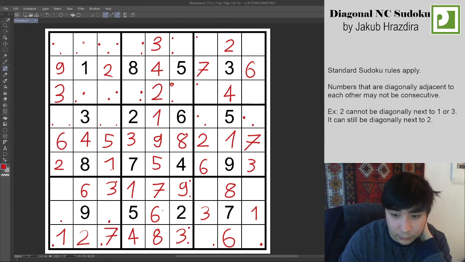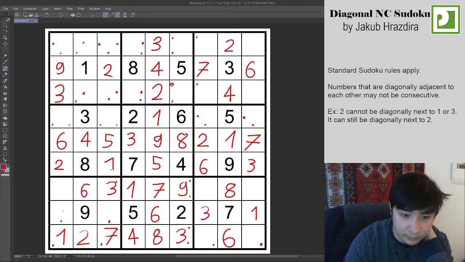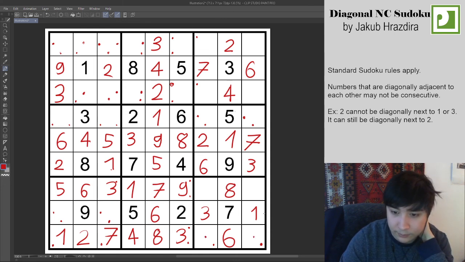1, 2, 3, 4. 4 is missing in this row. So what we've got at the top here is the 5. And that's going to make a pair with the 9 down here.